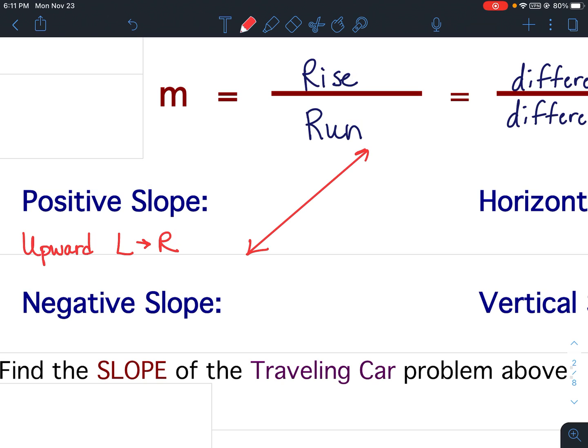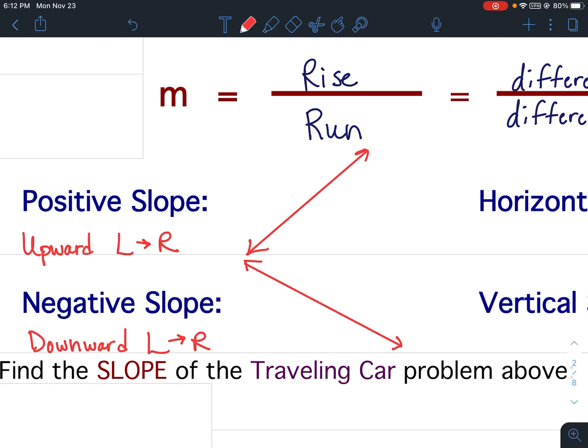So positive is going upward, therefore negative would be going downward. So negative slope is downward, left to right. So again, positive slopes move upward, left to right.